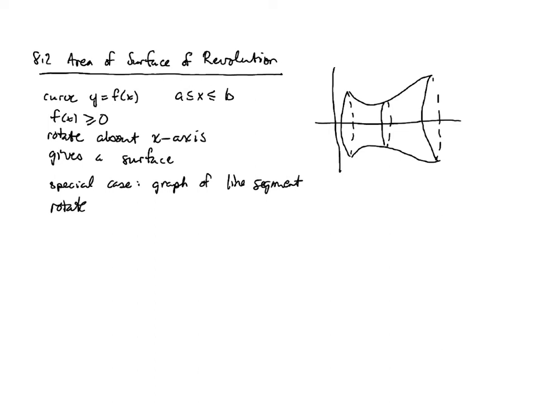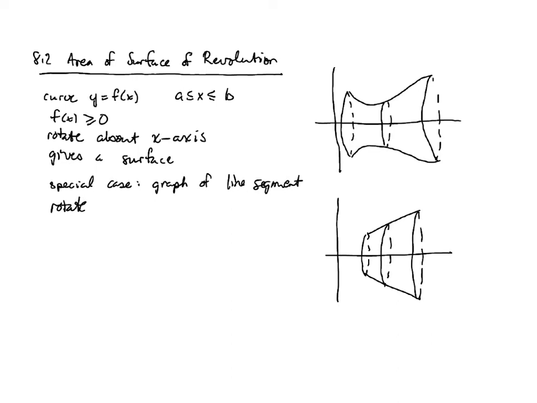And we would rotate that, and the picture we would get in that case is of course simpler. So it's obtained by taking a cone and cutting off the top of the cone.